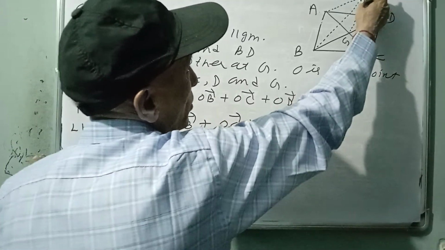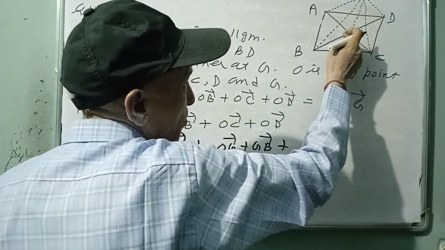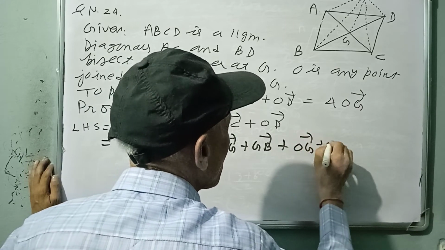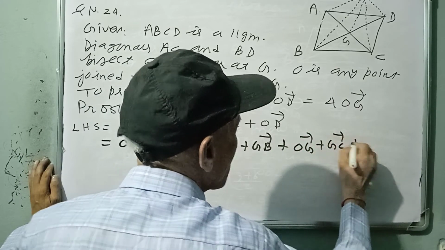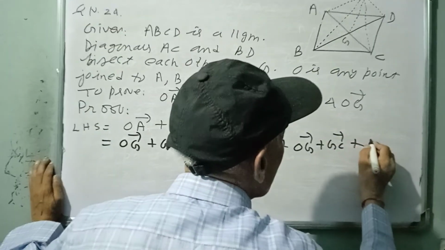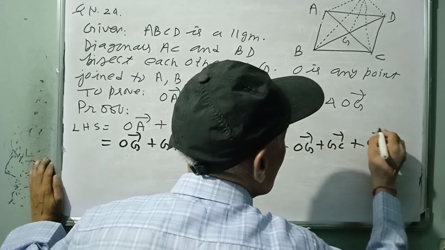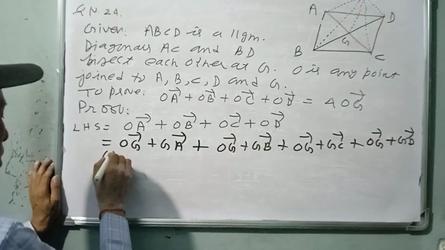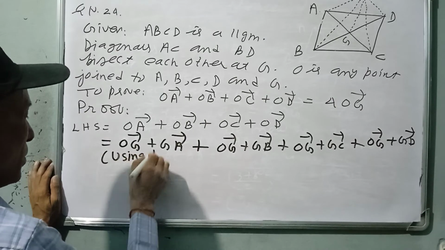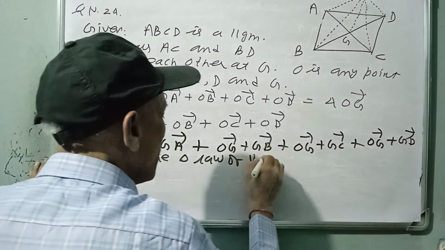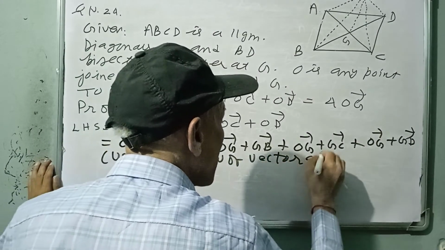OC is OG plus GC. In the same way, OD is OG plus GD, using the triangle law of vector addition.